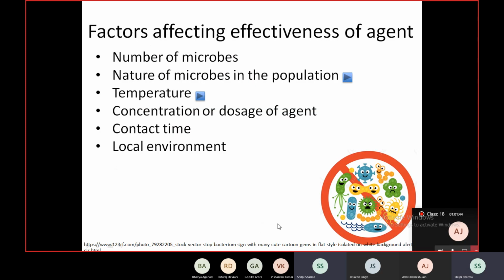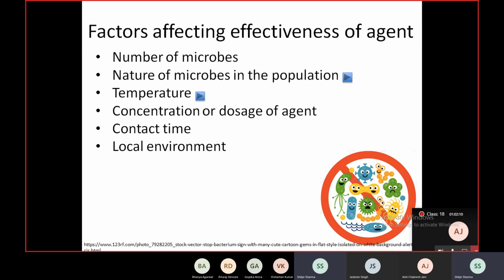Then the concentration or dosage of agent. In a small range, you will notice that an increase in concentration leads to an exponential rise in effectiveness. But this is not always the case. I mentioned to you ethanol, wherein 70% ethanol was much more effective than 95% ethanol or even 100% ethanol.